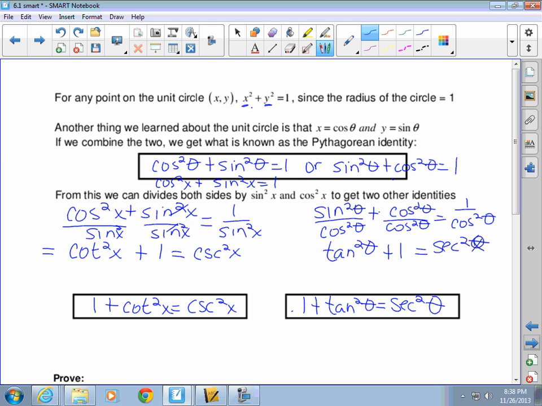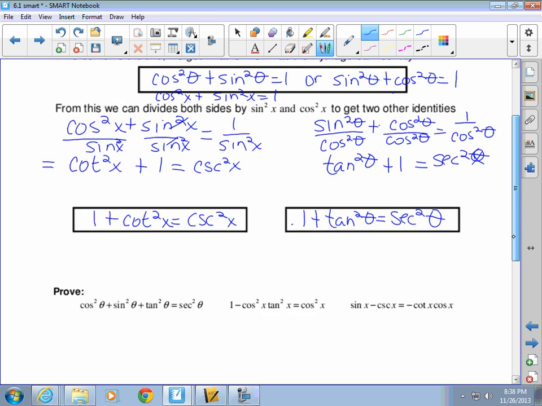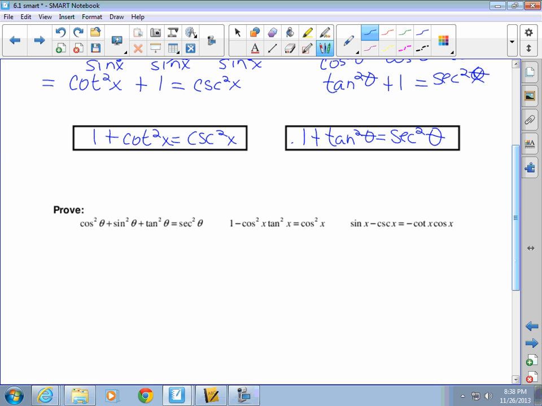Okay, so let's do some proofs. This is the best part of this whole math course, proving. So we're going to use these identities that we know in order to prove these. So far we have the reciprocal identities, and we have the Pythagorean identities, and then we also did the quotient identities on the other page. So cosine squared theta plus sine squared theta plus tangent squared theta is equal to secant squared theta.